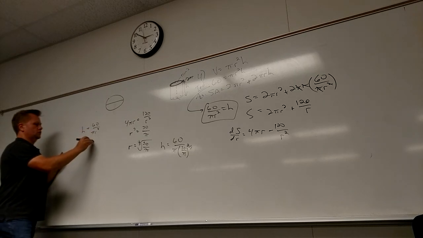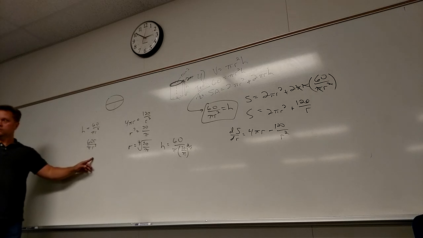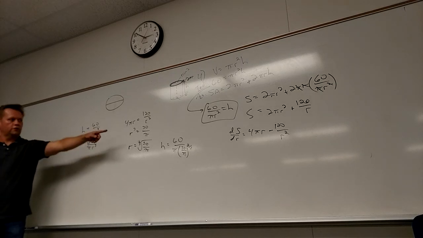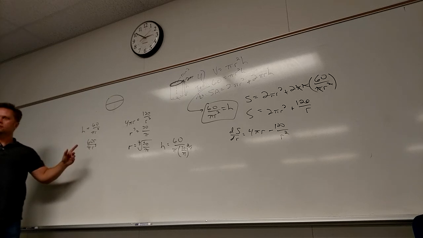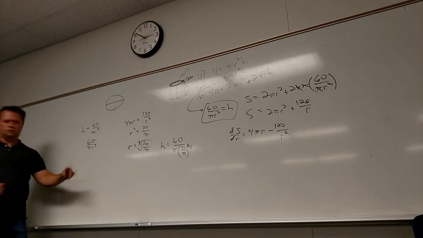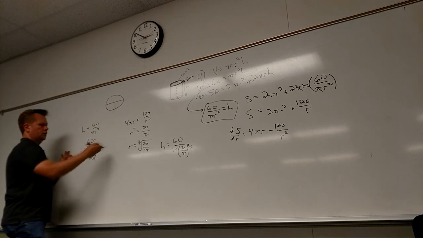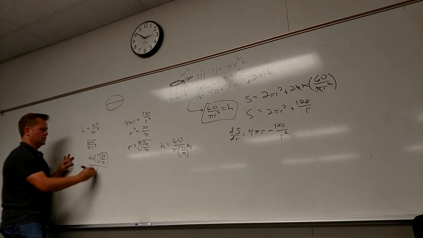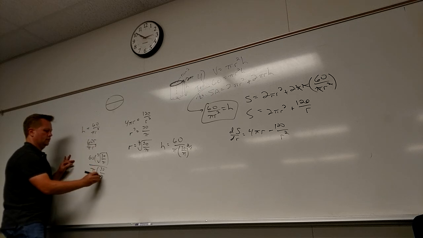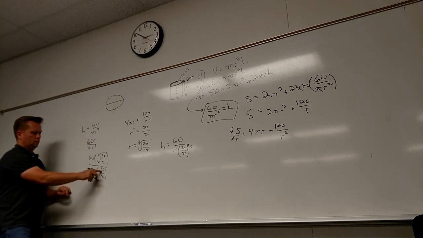So let me just do this. So at least the bottom's nice. I can just put r cubed, 30 over pi goes right there, and the pi's cancel, and 30 goes into 60. Do you guys see that? So this will be 60 times that over pi times that. 30, oh gotcha.